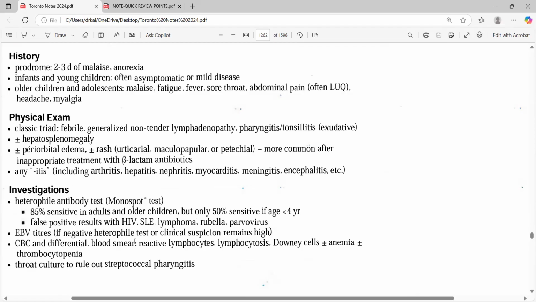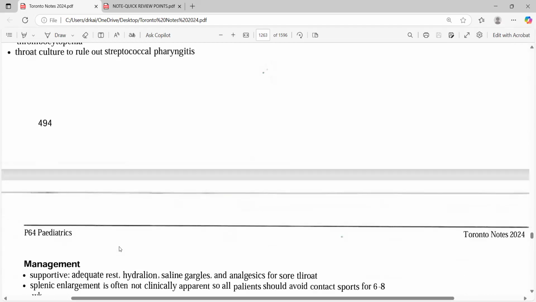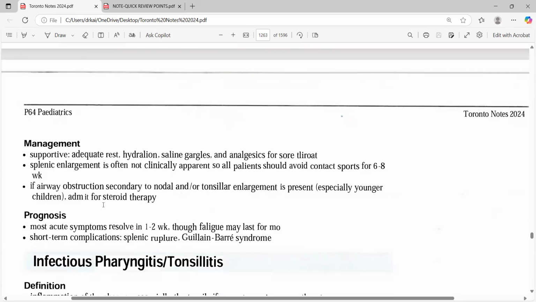If a patient comes to you with cough and sore throat, how do you go about infectious mononucleosis? In that case, you go for the abdominal examination. That's how you find out, and it's very, very important. If any person comes to you with a sore throat, you have to check for the spleen.